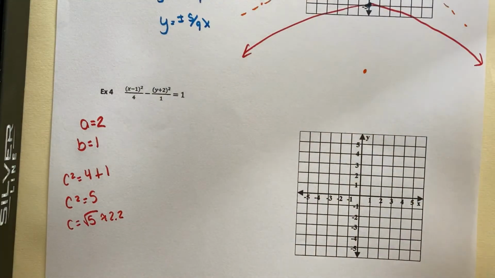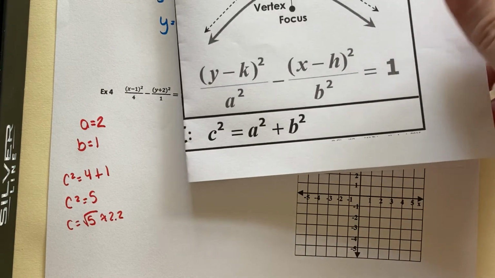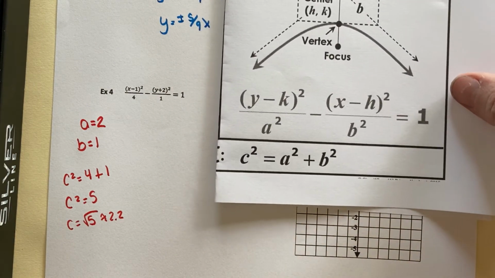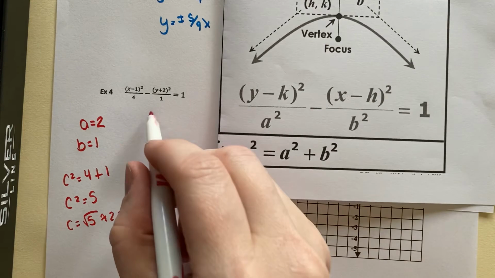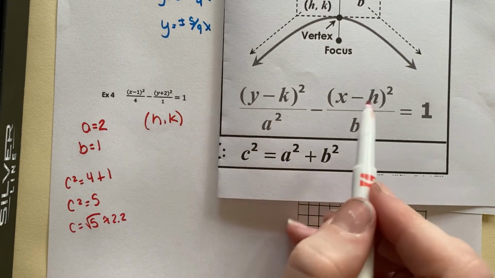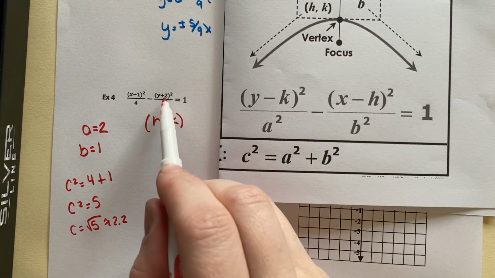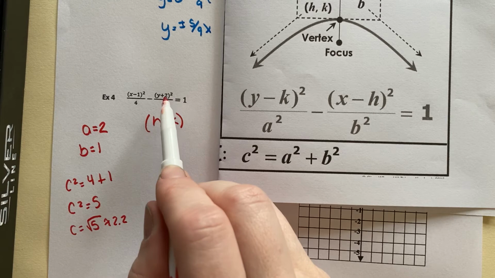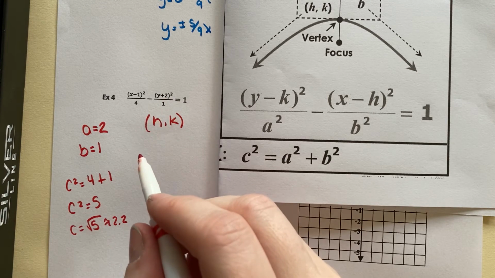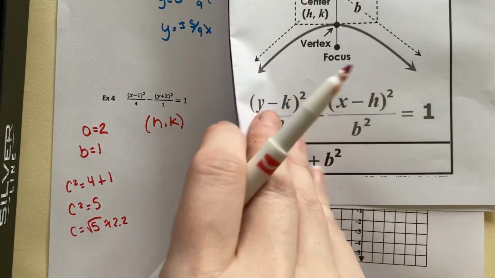Okay, so let's go ahead and graph all the important parts. Now, this one does have a center, so let's match this up. H comma K is our center. Now, H here, this is negative H, so this is not a negative, so that means H must be negative 2. Oops, I'm not looking at the right one.